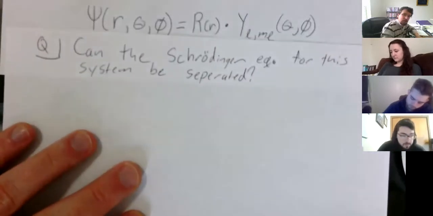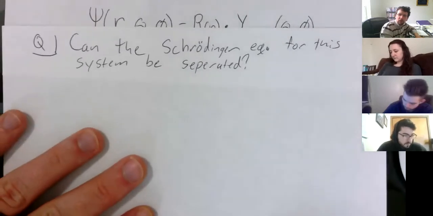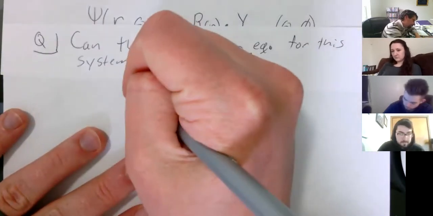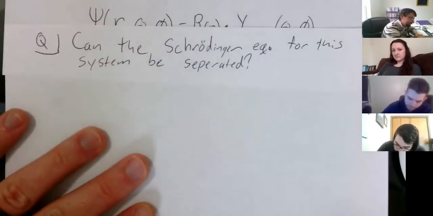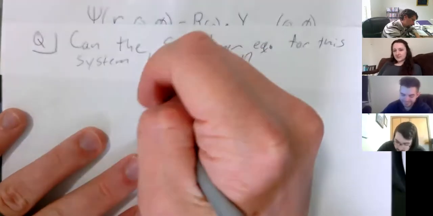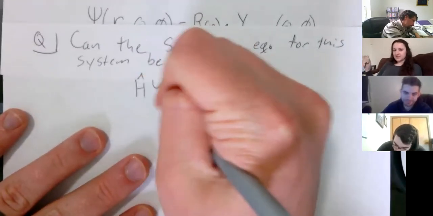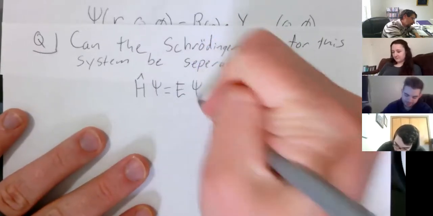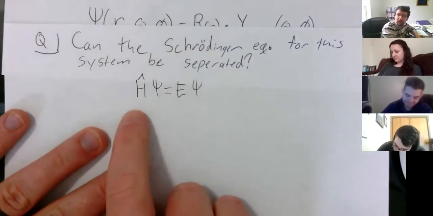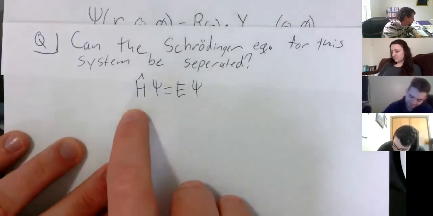Okay. So what's the basic form of the Schrodinger equation again? H psi equals E psi. Yep. We solved for what that Hamiltonian was in this system.